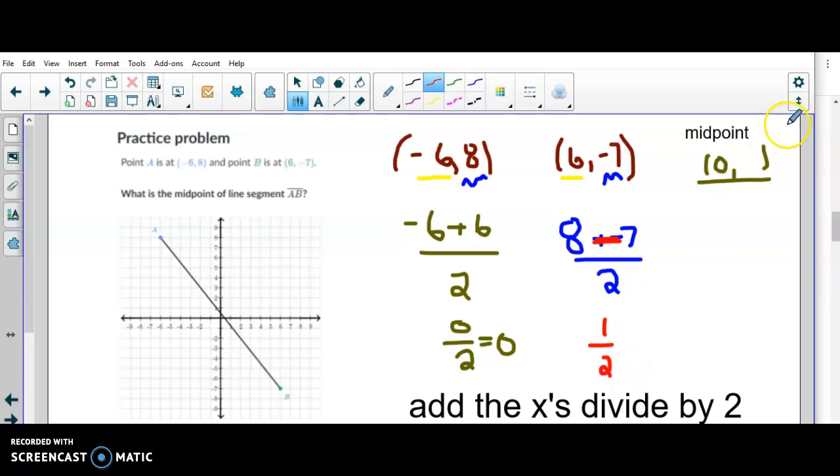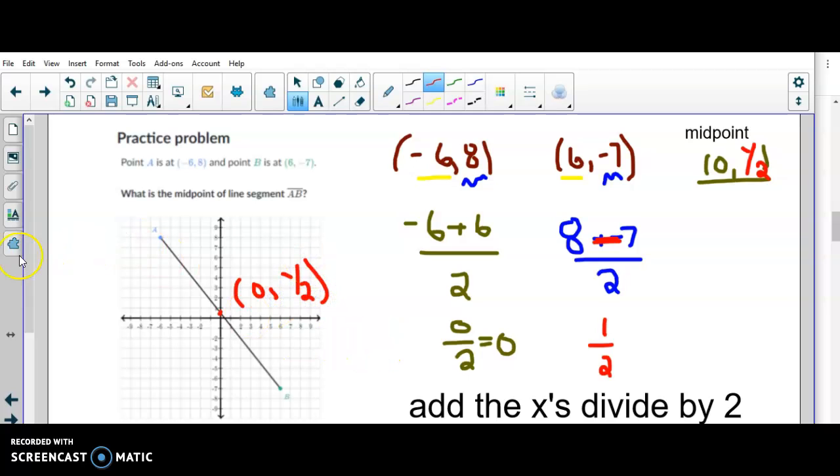Our 0.5, but I'm going to leave this as 1/2. So our midpoint is going to be right here, where x is equal to 0, and then y is 1/2 up. That's our midpoint, (0, 1/2).